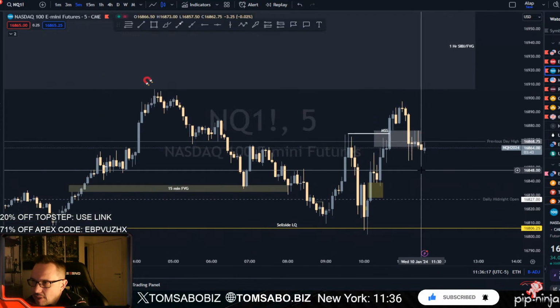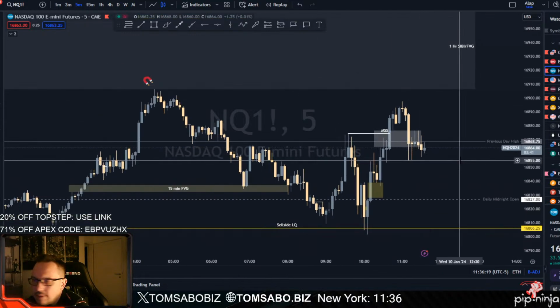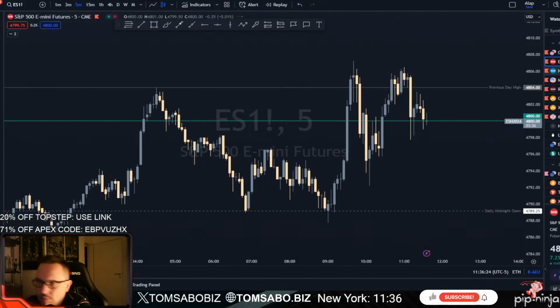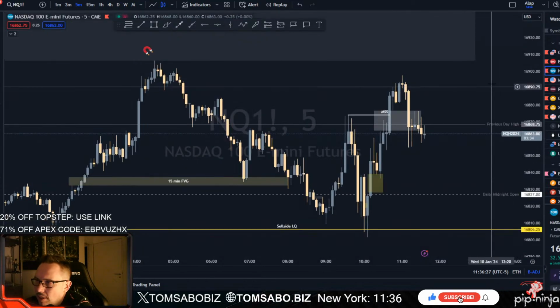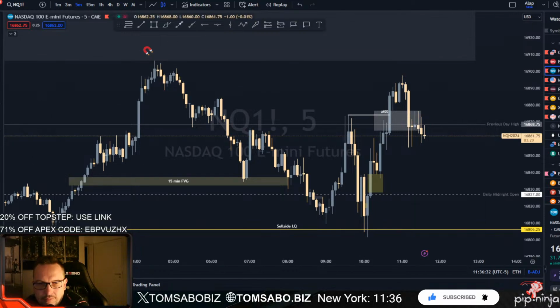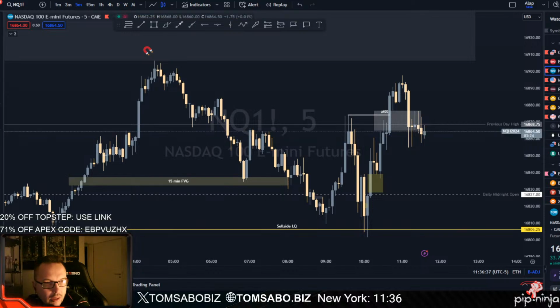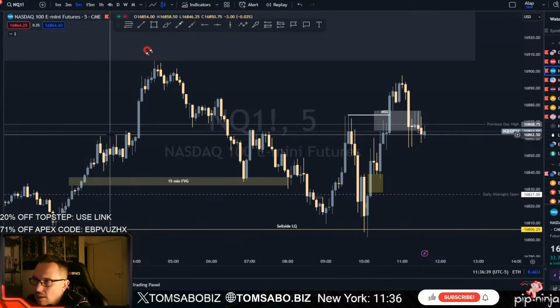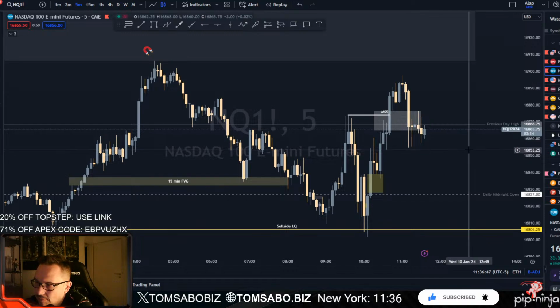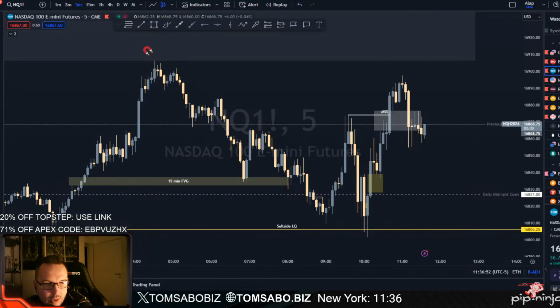There's still some fair value gaps open here, but the 15-minute bullish breaker just doesn't really want to do what it should. Lunchtime is coming, so if the narrative is bullish, then lunch hour can run the lows between 12 p.m. and 1 p.m. So I don't know.